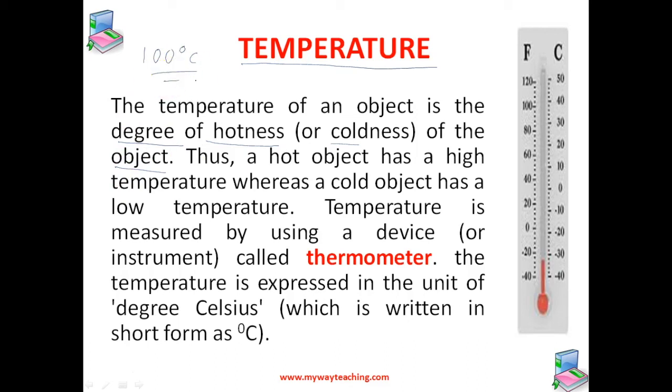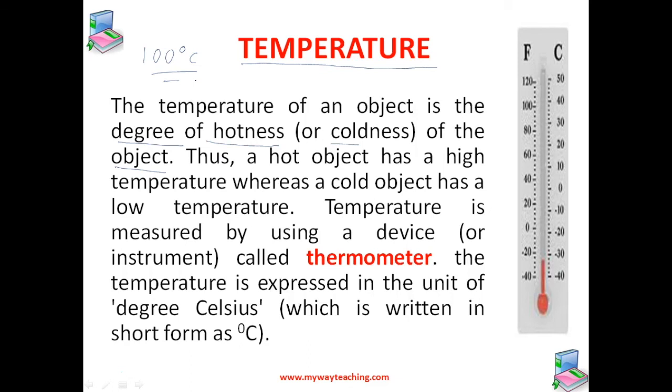So boiling water feels very hot because of its high temperature, isn't it? On the other hand, the temperature of melting ice is 0 degree Celsius. In that case, the temperature is very low. So that ice feels very cold to touch.